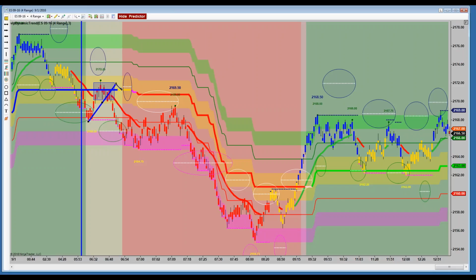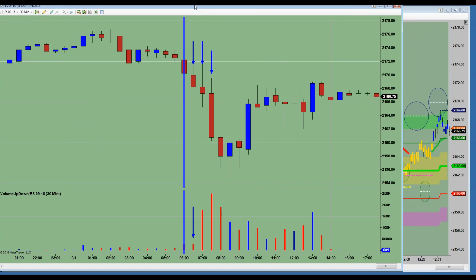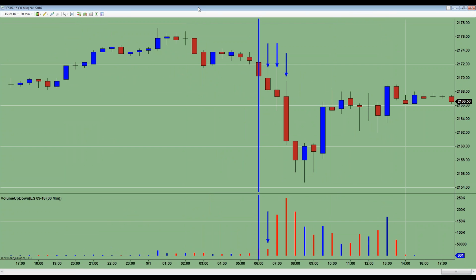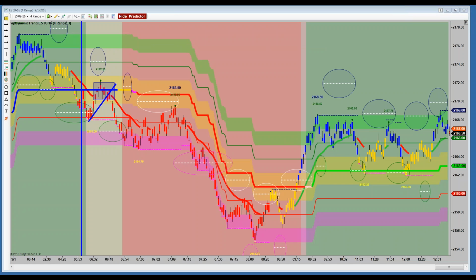They all would have gotten in pretty much in the same place, close of one of these bars right here. Given what we were watching over here, it was pretty clear you're going to want to bias to the downside on all three of these trades. You would need to see some kind of reversal to really start looking for an up move.